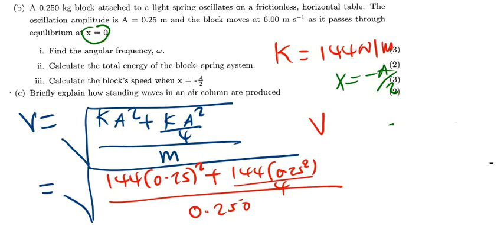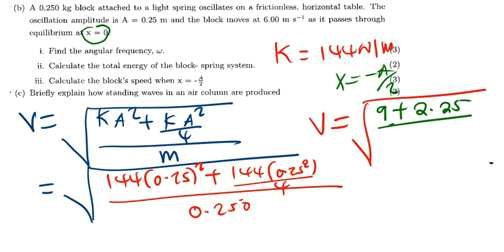What will be our velocity? So we have 144 times 0.25 squared. I'm getting 9. Meaning that now I have the square root of 9 plus, 144 times 0.25 squared is 9, so 9 divided by 4, which is 2.25.